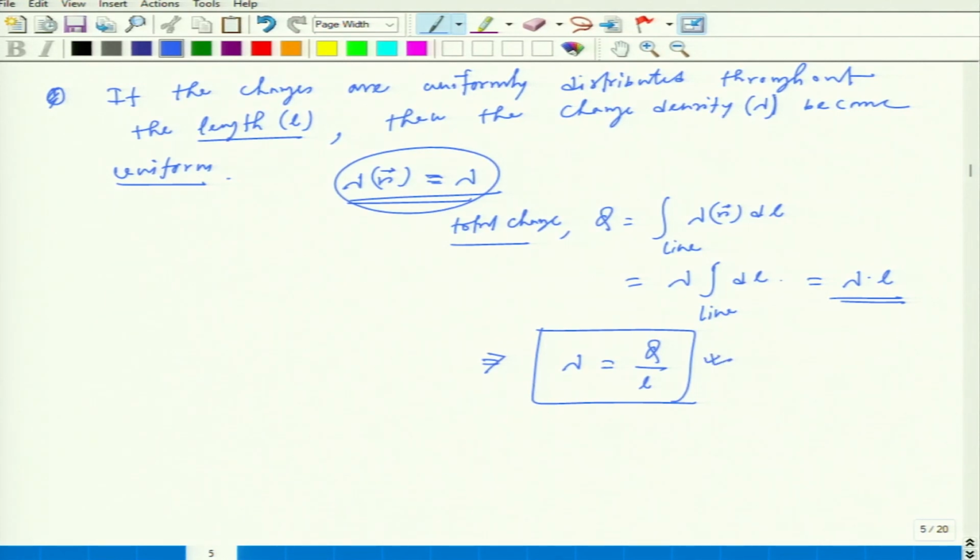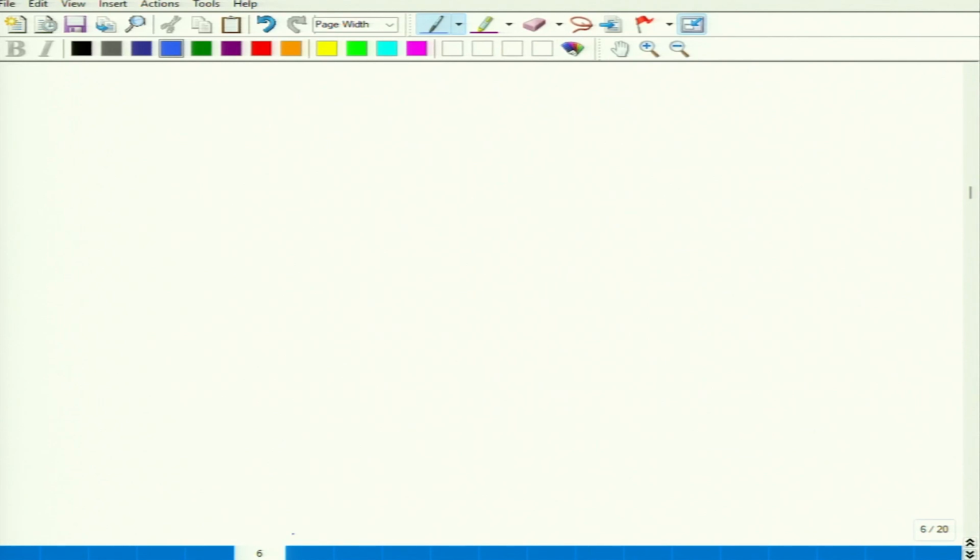Now what is the electric field due to this charge configuration, the linear charge density lambda? To calculate the electric field at any point P, let us first consider a small element.